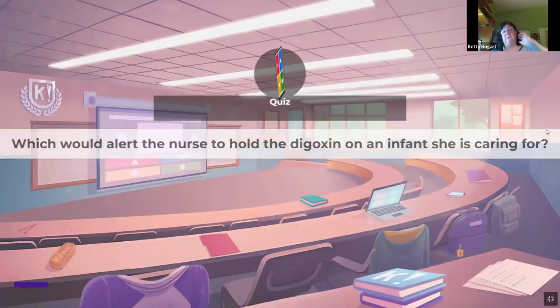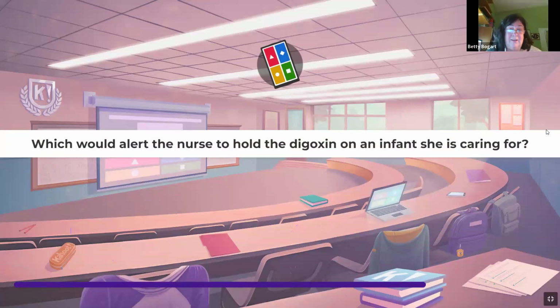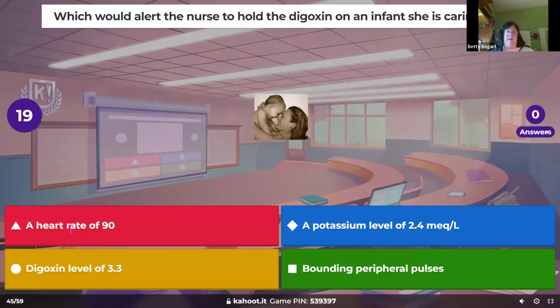A multi. What would alert the nurse to hold digoxin on an infant she's caring for? So remember, digoxin is an old drug. We treat it just like an adult drug, but we have to look at it as an infant, not as an adult.